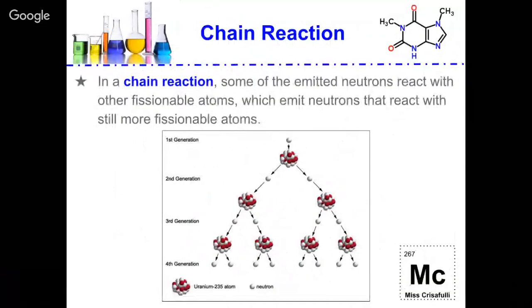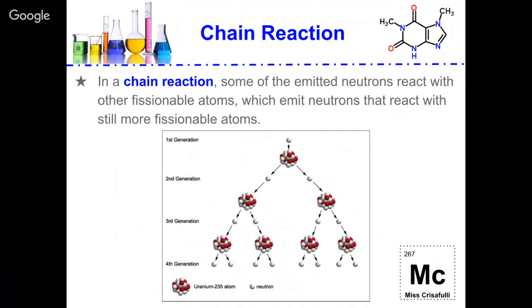In a chain reaction, some of the emitted neutrons react with other fissionable atoms, which will emit neutrons that react with still more fissionable atoms. If we look at this, you're going to have not one atom in a container, you're going to have multiple. You hit one of the atoms with a neutron. That's going to split and release neutrons.